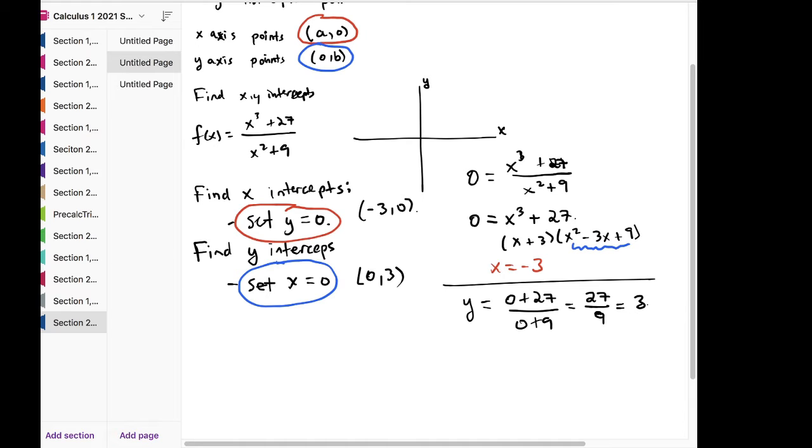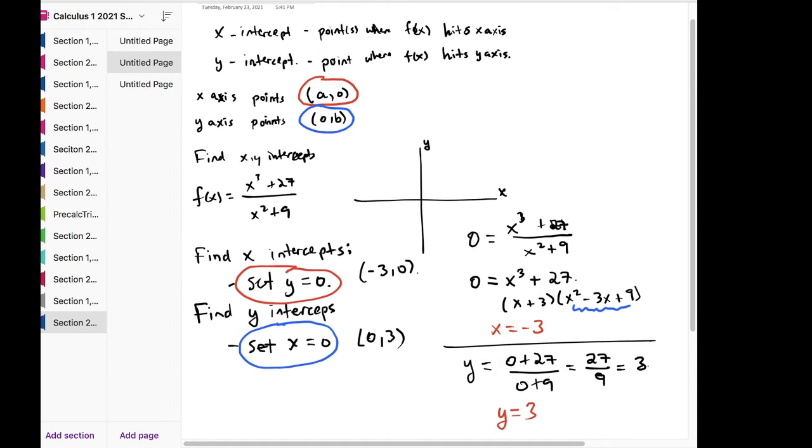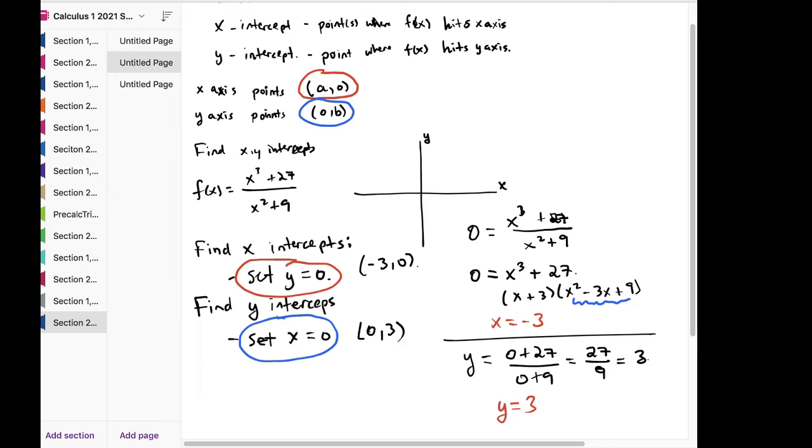Is that okay? Does that make more sense after seeing that? Okay, great. So whenever you have x and y intercepts, this is always the method you do. Set x equal to 0 or set y, or f of x, equal to 0, respectively.